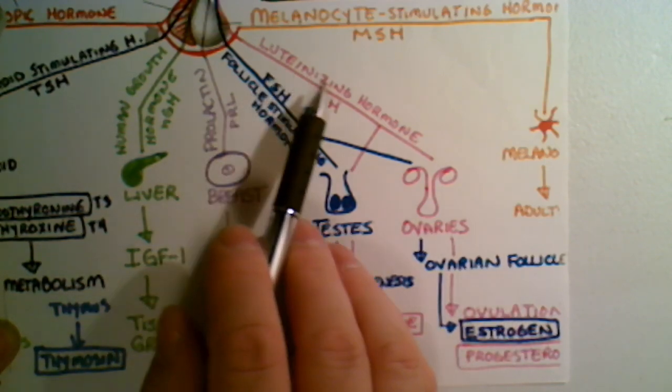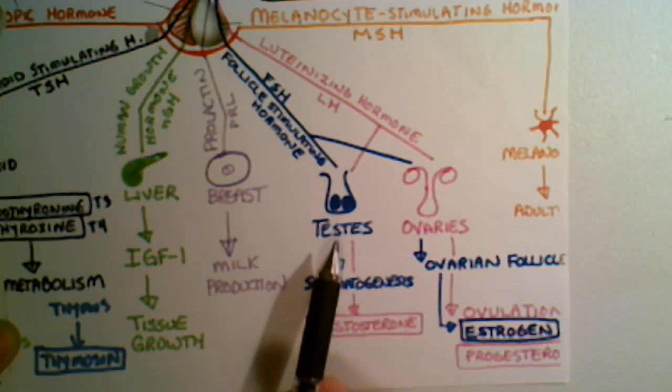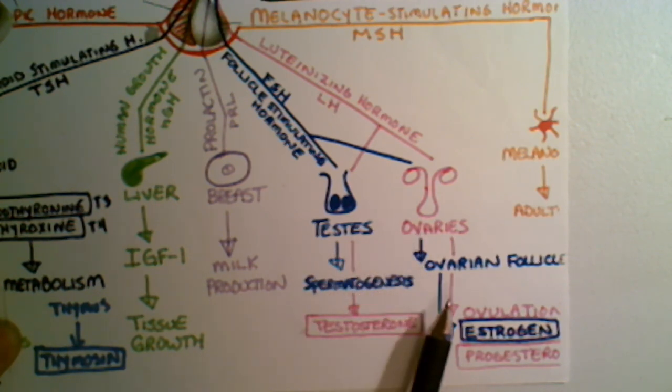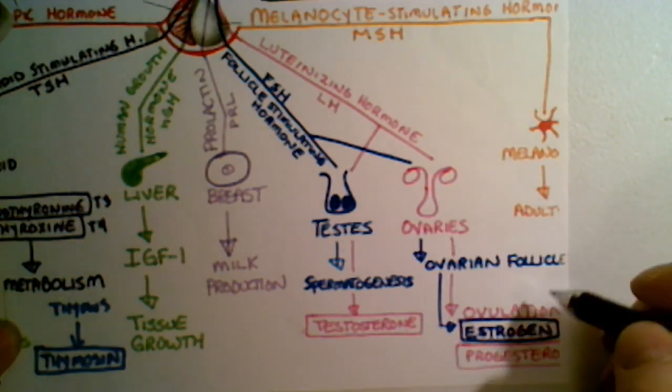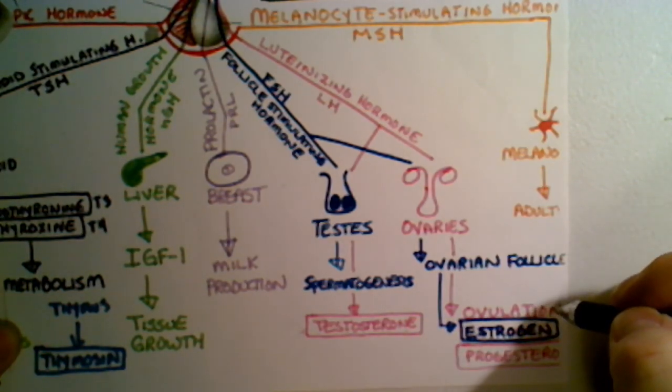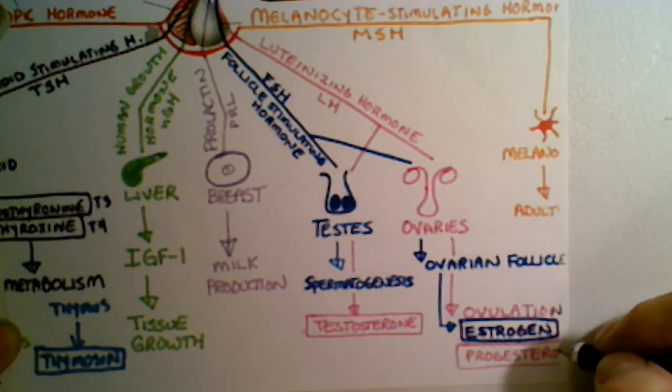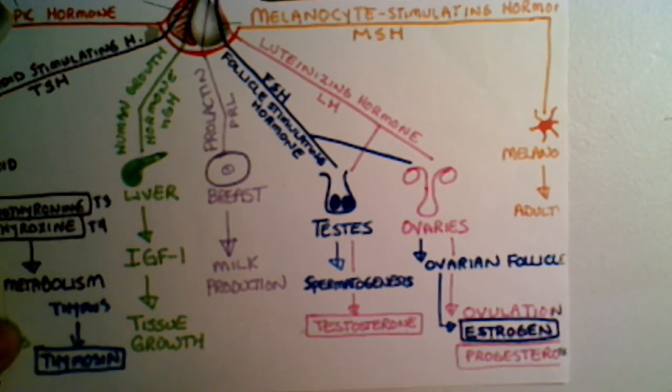Now, luteinizing hormone in the male tells the male testicles to build testosterone. So we make the male sex hormone testosterone with luteinizing hormone. It tells our ovaries to ovulate our egg. So we're going to have ovulation. And then it tells our ovaries to produce progesterone. And I hate how this got cut off. So it should be an E, an N, and an E at the end.